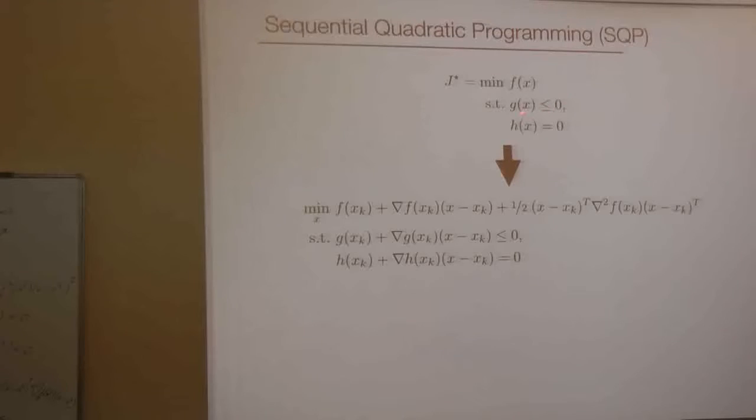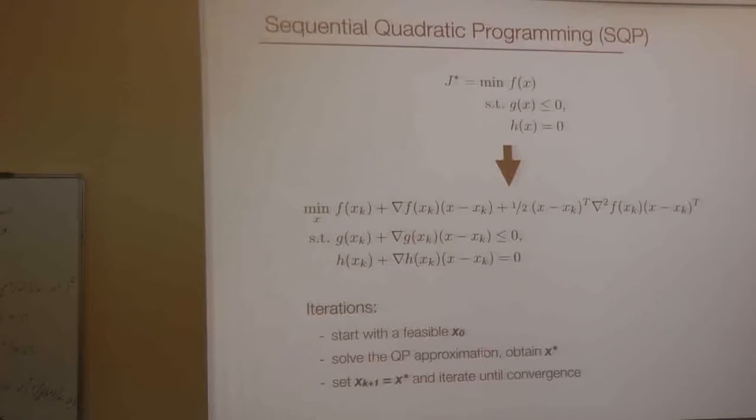So here, instead of this nasty problem, we solve a much easier problem. It's just that this problem changes depending on the linearization point. And this is where the sequential term comes into play. We actually have to solve a sequence of these problems for improving the value of this linearization point.